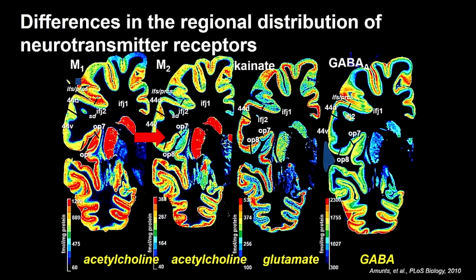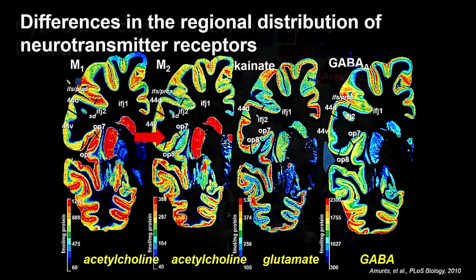And receptors also help us to identify within the opercular part of the inferior frontal gyrus two sub-areas of area 44, a more dorsal part and a more ventral part, which differ, for instance, in the expression of this particular acetylcholinergic receptor.